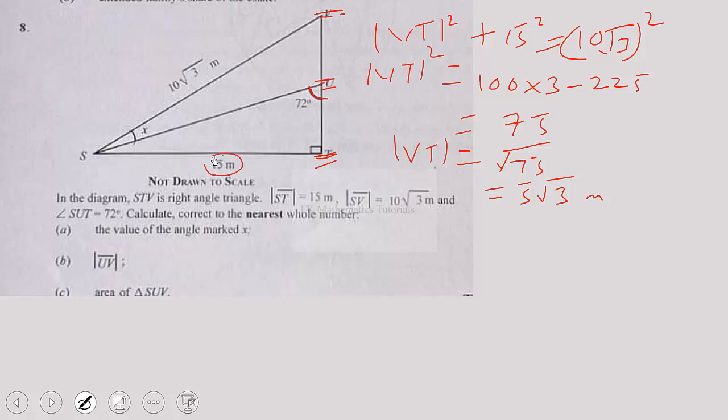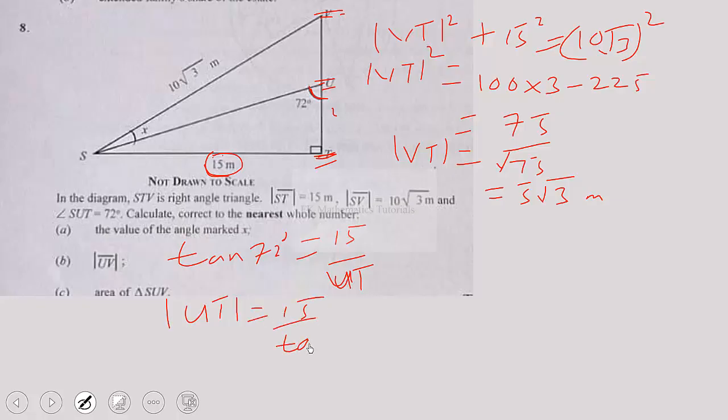meters. So we know the opposite and we want the adjacent, which is UV. So we can use tan. So tan 72 degrees is equal to opposite, which is 15 over UT. I said UV, sorry. So UT will be equal to 15 over tan 72.